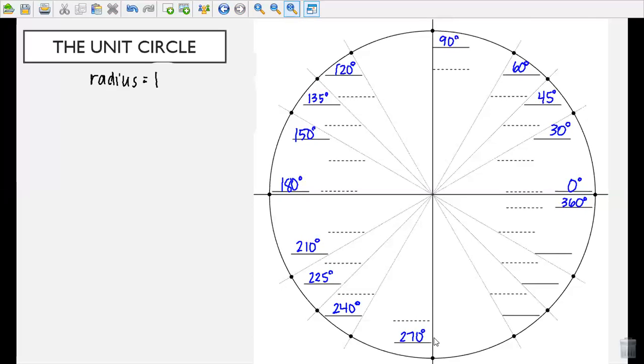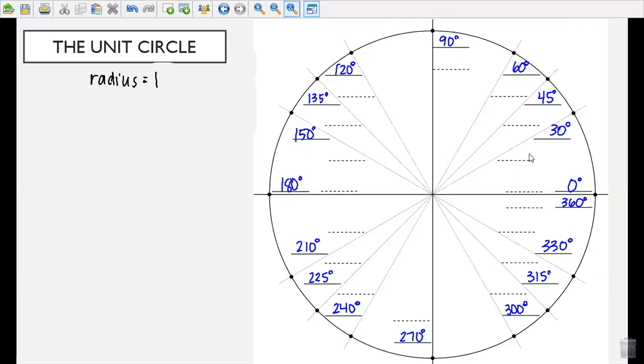And one more time, 270 plus 30 is 300. 270 plus 45 is 315. And 270 plus 60 gets us to 330. So here's all of our special angles, all the way around our unit circle.